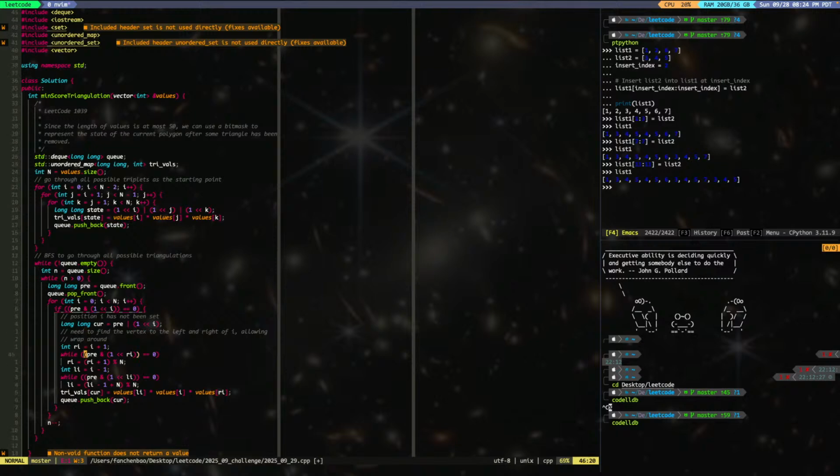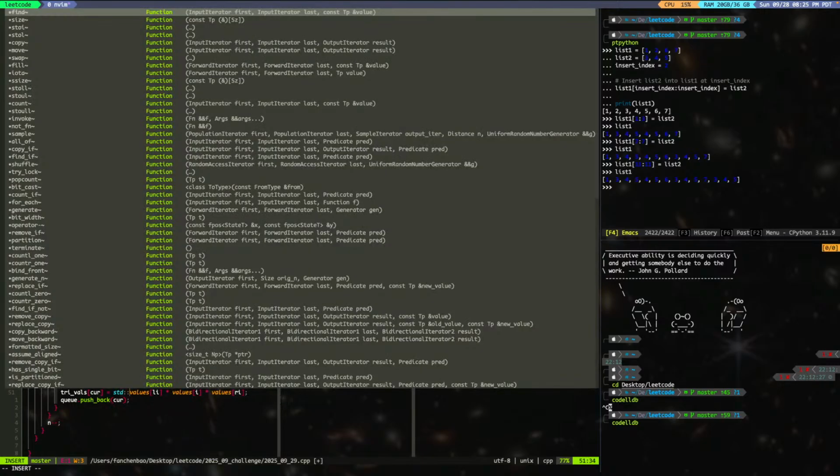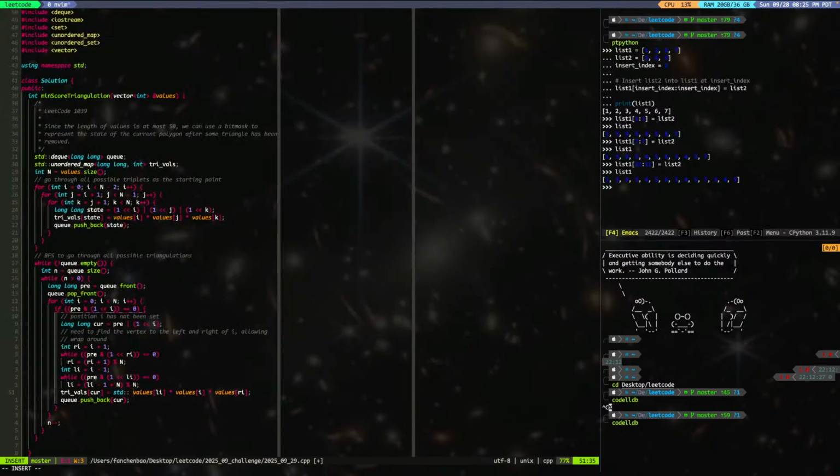Okay, find the vertex. So this is STD. But do we push it back in again? We don't push it back in again.